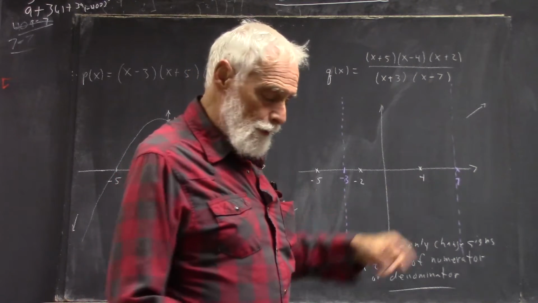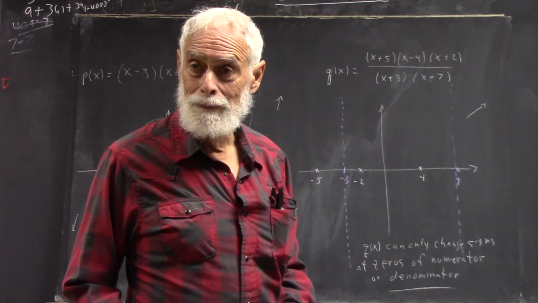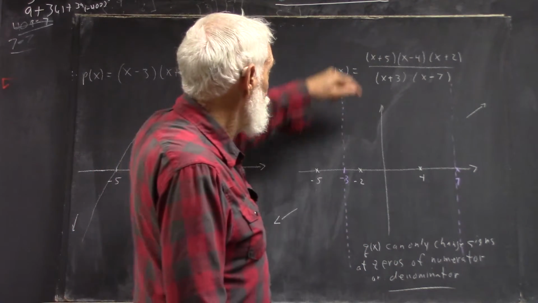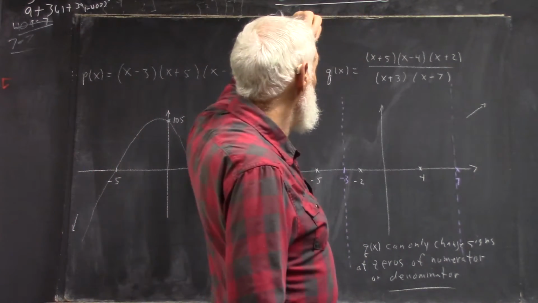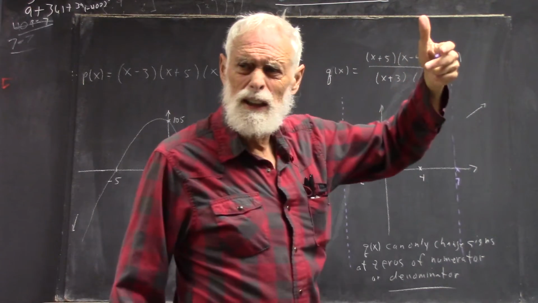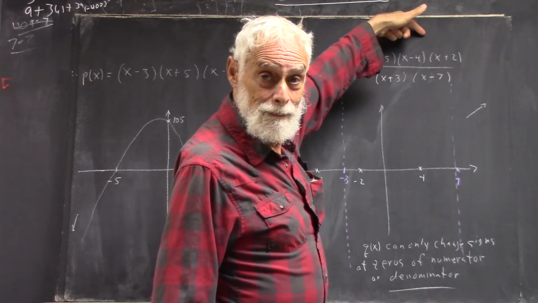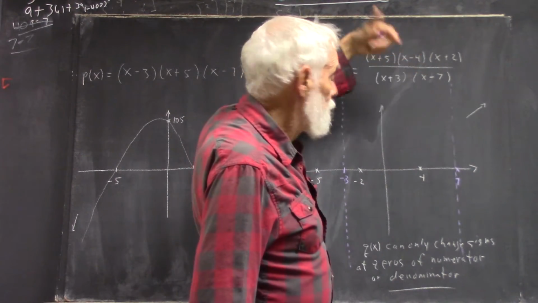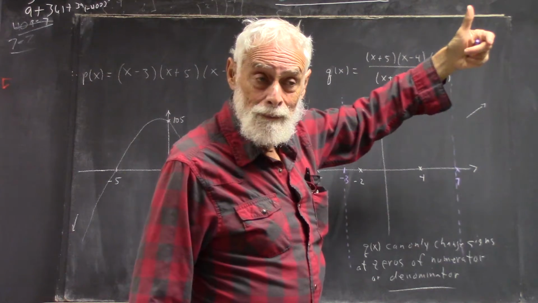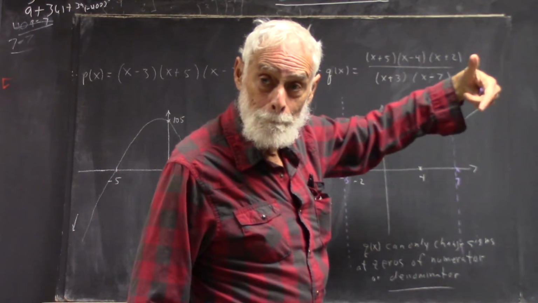Okay? Now you actually want to calculate the y-intercept. And you can do that, 5 times 4 times 2 is 80, and that's going to be the 80. Where'd you get 80? 40. -40, right? And down here you have -21. Well, -40 over -21 is a little less than 2, right?